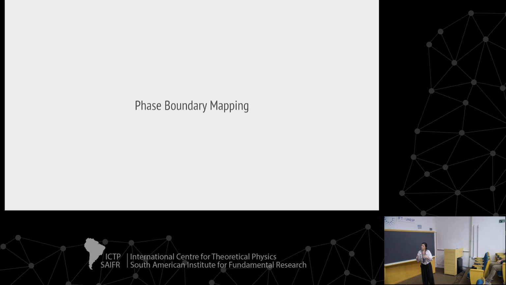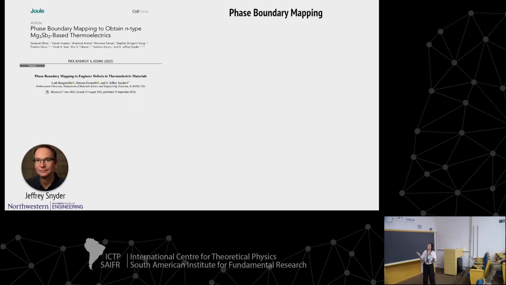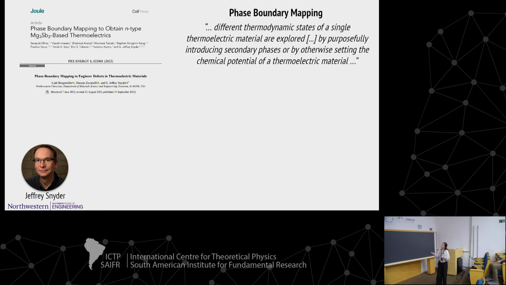But before that, I wanted to give a general idea of what this phase boundary mapping experimental approach is about. So if you want to know more, there is this tutorial from Professor Snyder's group that was recently published, so you can have a look. So in a few words, in a phase boundary mapping approach, different thermodynamic states of a single thermoelectric material can be explored.